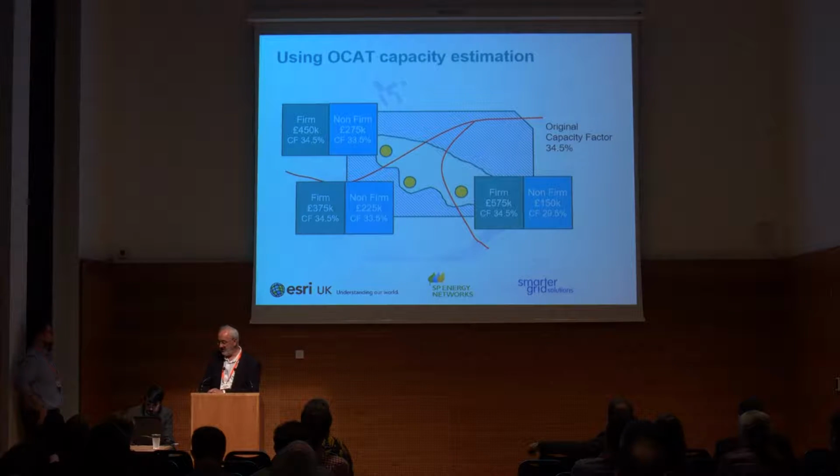But within this project, we've been working towards providing non-firm solutions. The non-firm connection is cheaper to install, but what it does involve is a level of curtailment, maybe 1 to 6%. That's effectively reduced energy for the customer. And this may happen at short periods when the network's operating near its limits.